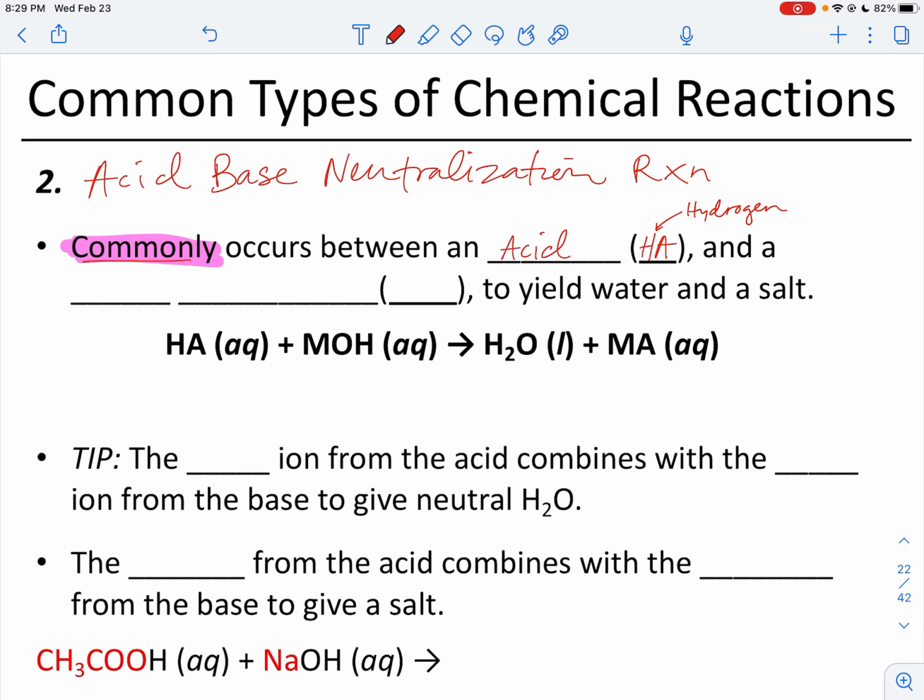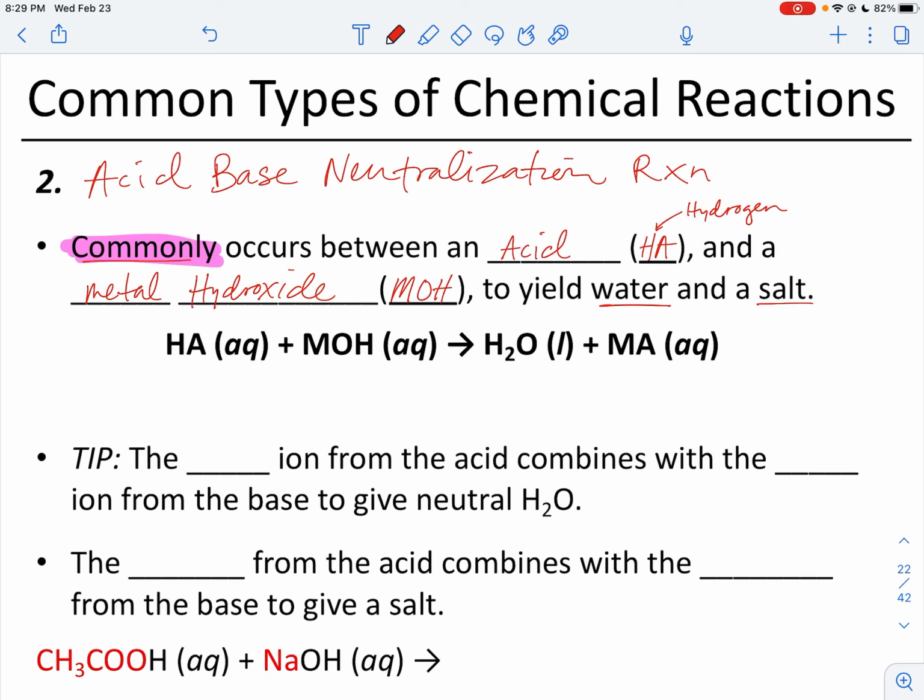So here we're saying it's going to be between an acid, HA, and a metal hydroxide, which we will abbreviate as MOH, M standing for metal, OH obviously being hydroxide. It says to yield water and a salt.